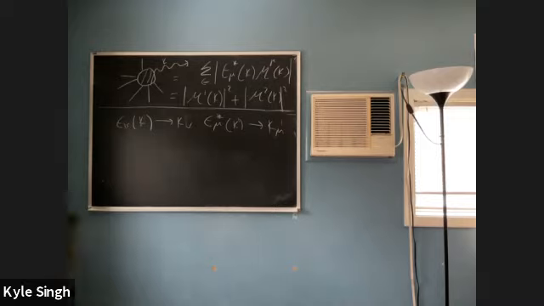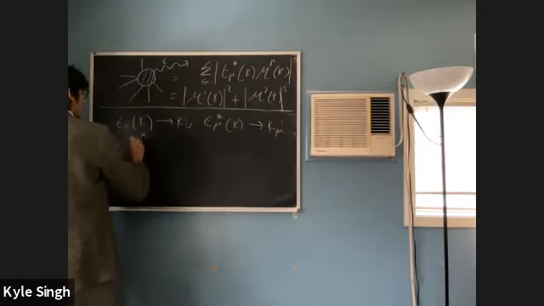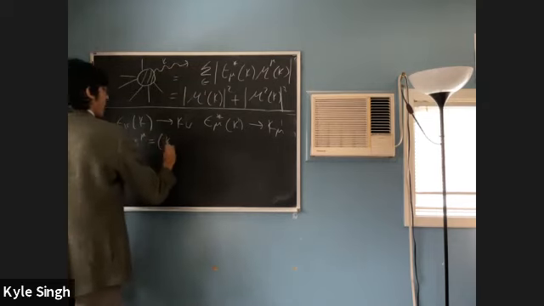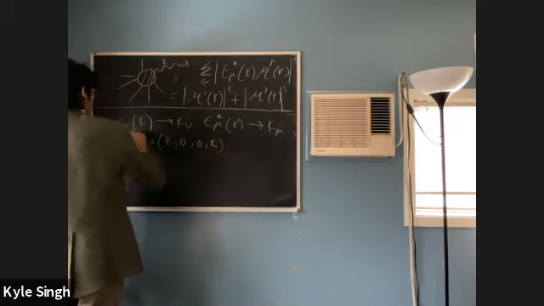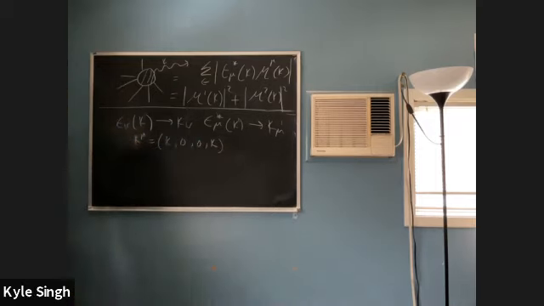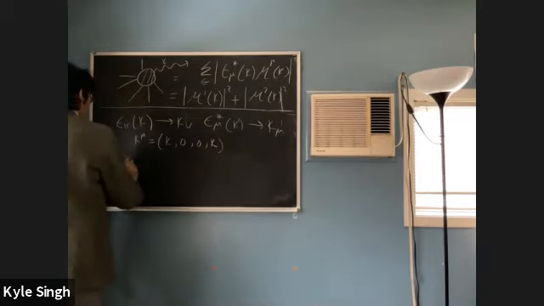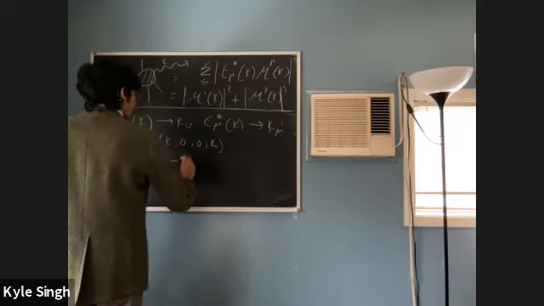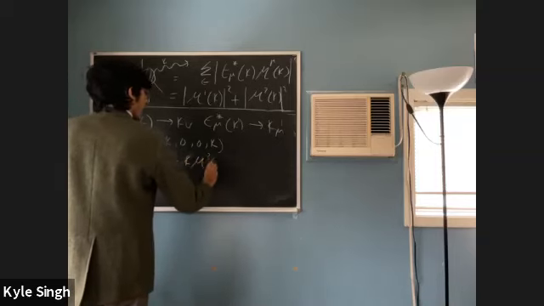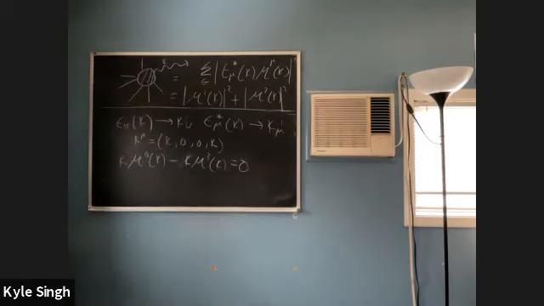And that's the motivation. So recall, I have k mu, and I have labeled it as k, 0, 0, k. That means that my amplitude is going to go k M0 of k minus k M3 of k equals 0 by the Ward identity.